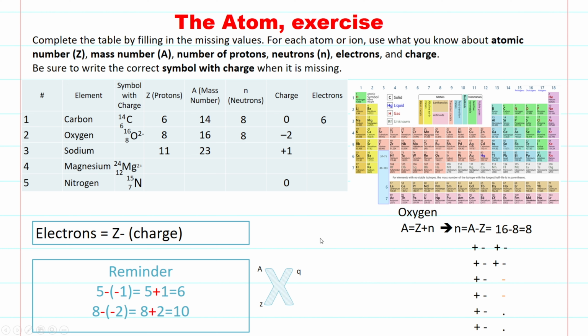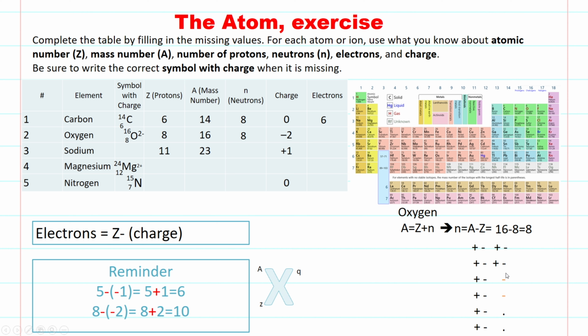Another way to think about it is this: protons are like plus signs and electrons are like minus signs. If the atom is neutral, we get 1, 2, 3, 4, 5, 6, 7, and 8 protons, and the same 1, 2, 3, 4, 5, 6, 7, and 8 electrons.